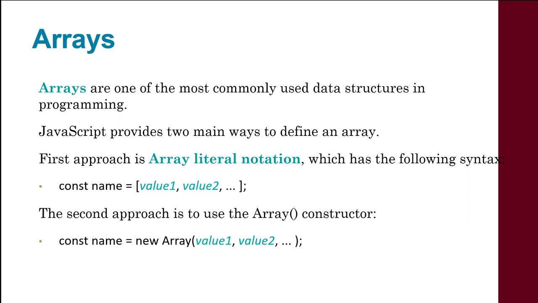The second one doesn't use the square brackets, so you have to tell the program that we're making an array. So the way that you do that is you declare your variable, have your name equals new, which means make a new array, and then you've got your values in parentheses. Both of them, the values are separated by commas, not semicolons, commas.